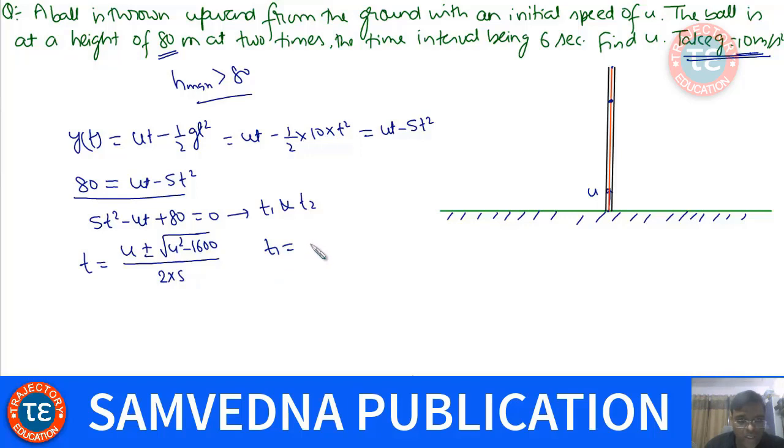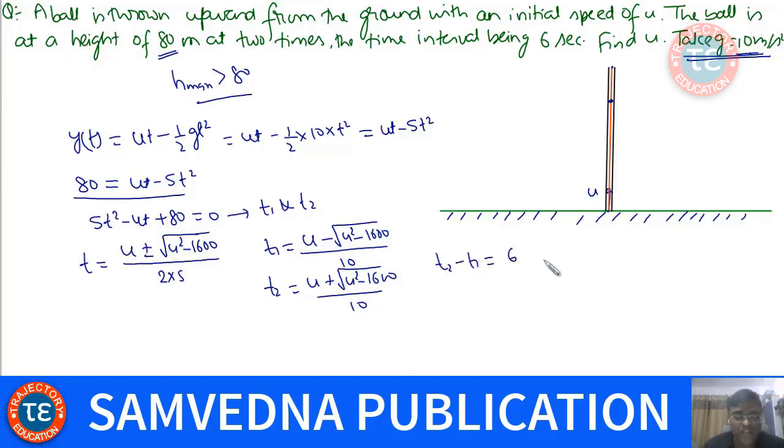So the time when it reaches 80 meter on the upward journey would be u minus root of u square minus 1600 upon 10, and on the downward journey the time instant when it reaches 80 meter would be this, and this t2 minus t1 would be 6 seconds.